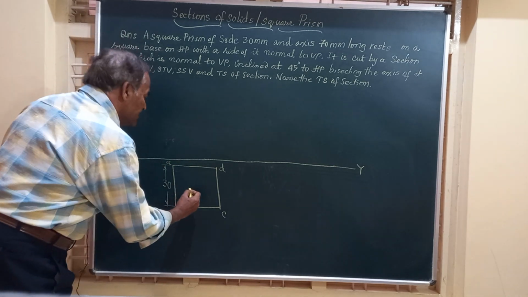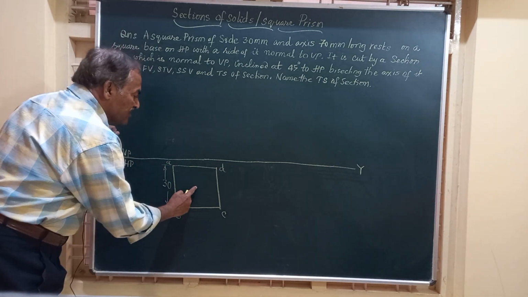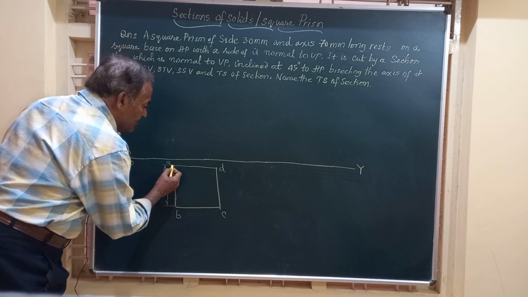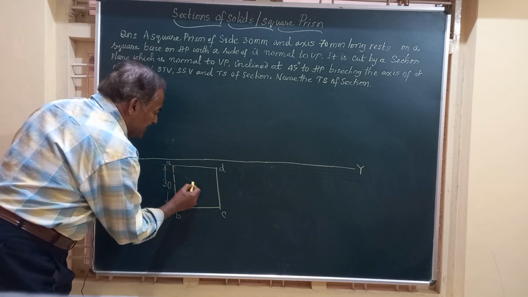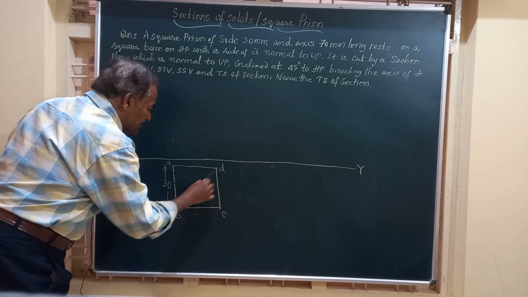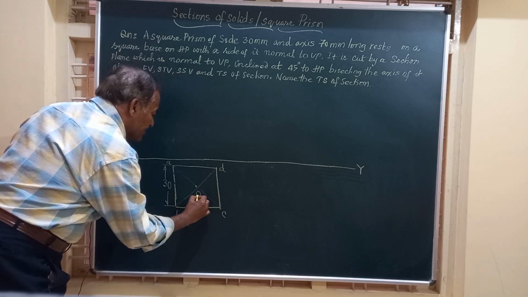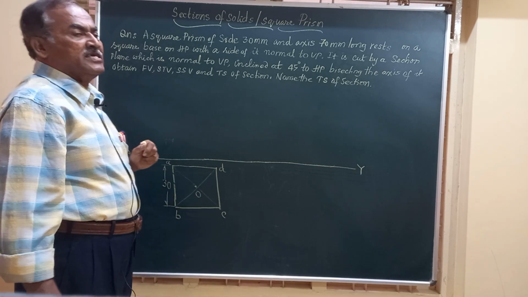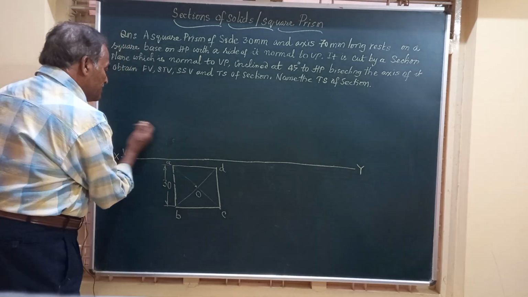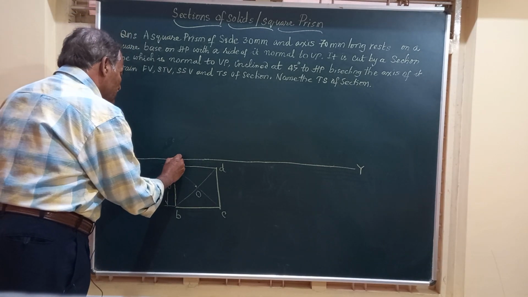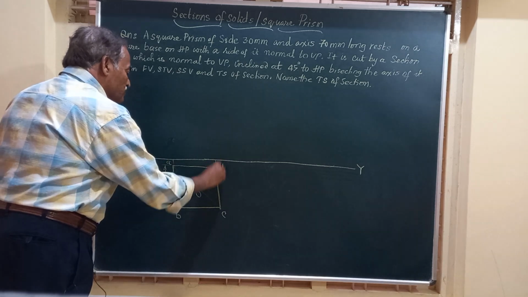So friends, here I have to mark the center. So I can just join the diagonals using thin lines, and we get a point here that I will call it as O, the center of the top face. And similarly bottom will also have a center, we'll call as O1.